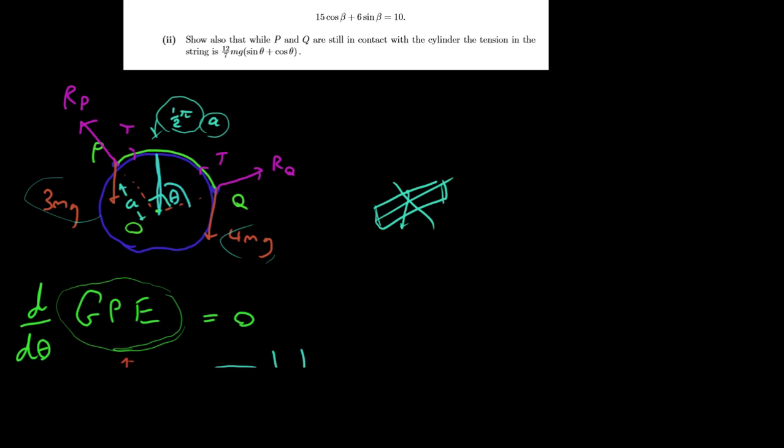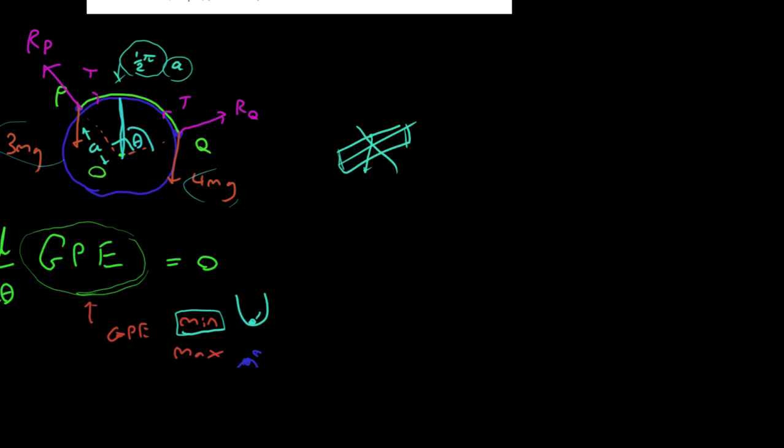Okay, so all we have to do now is find an expression for the gravitational potential energy, which we can do. So we just have to calculate the height. I guess we could take the gravitational potential energy to be 0 through the center of the cylinder like that. So that's GPE 0, and we just have to now calculate the height.